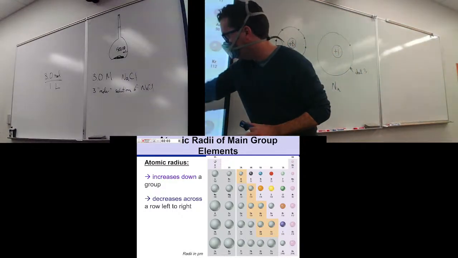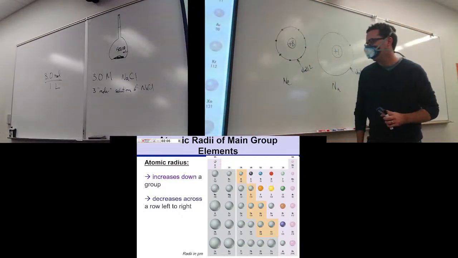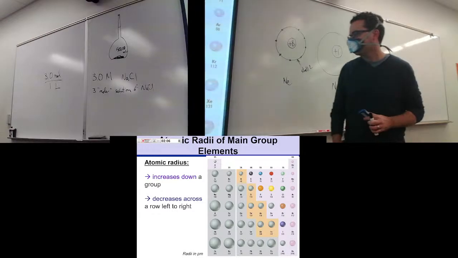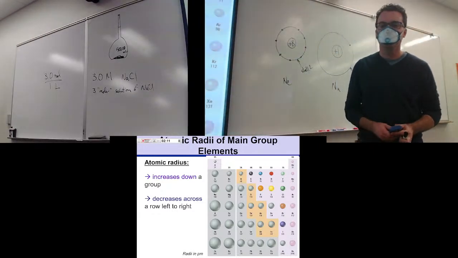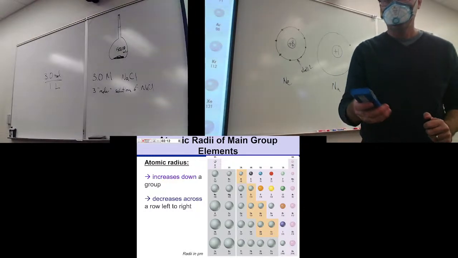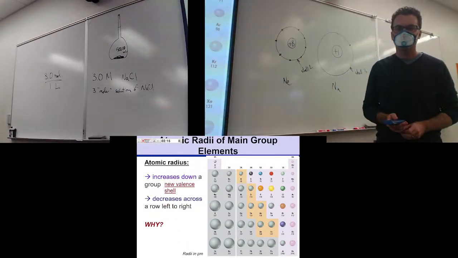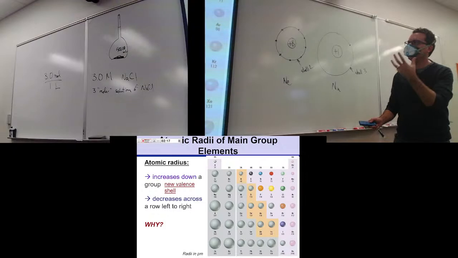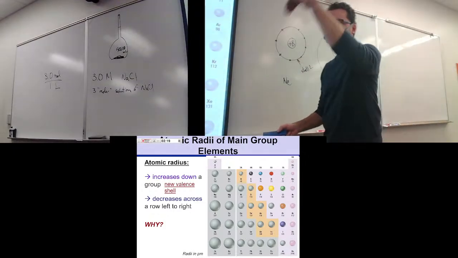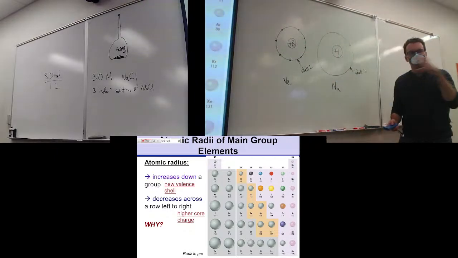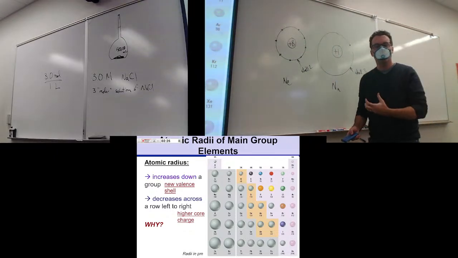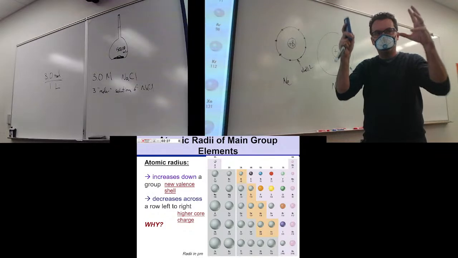Although there's a little bit of a blip there. But mostly it's good. There's another one down here too. Okay. So again, we're getting new shells as we go down a group. But then as we go across a period, we have the same shell, just a higher core charge, which is pulling everything a little bit tighter.